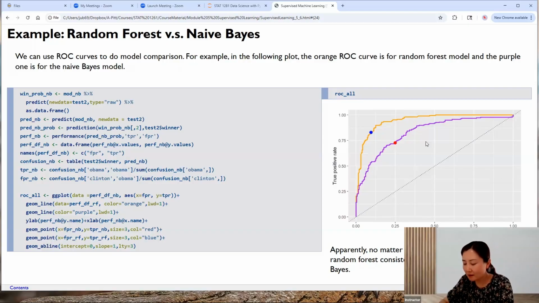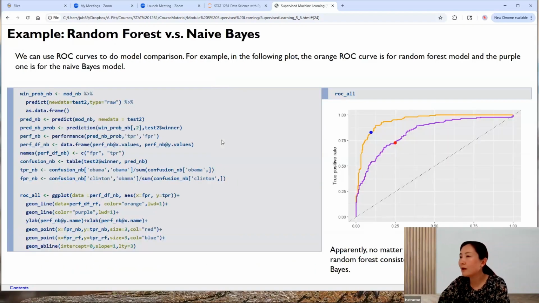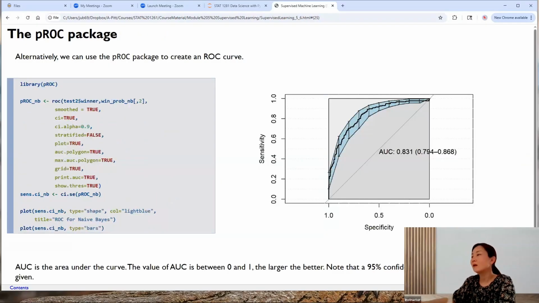But sometimes you may see ROC curves that cross with each other, somehow like this. It's possible. With a different threshold, they may have different performance. All right. So this is how we use the ROCR package.